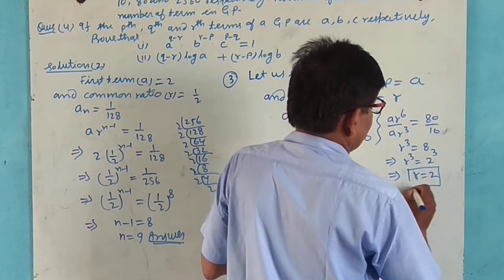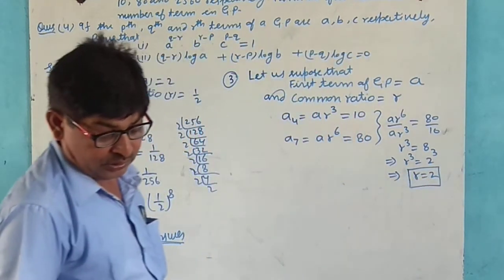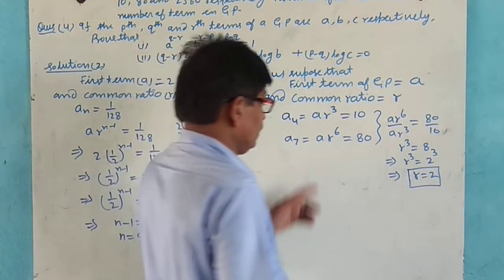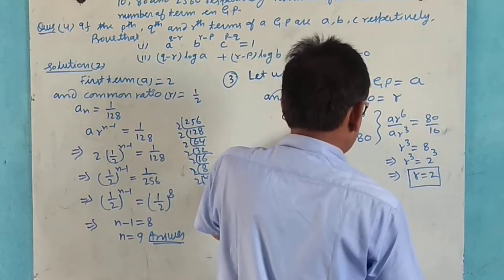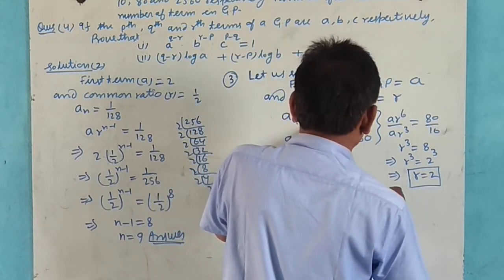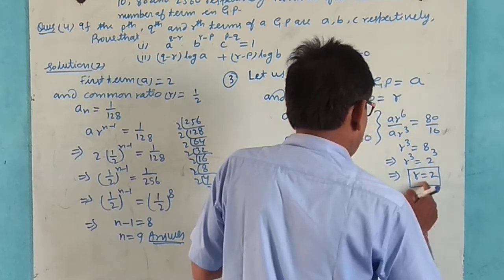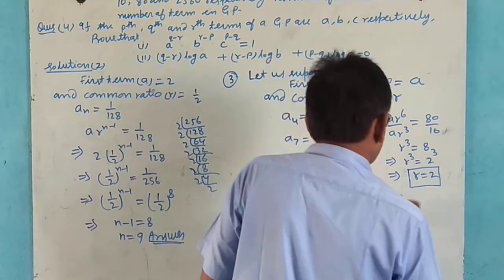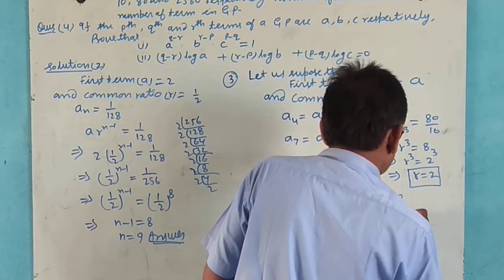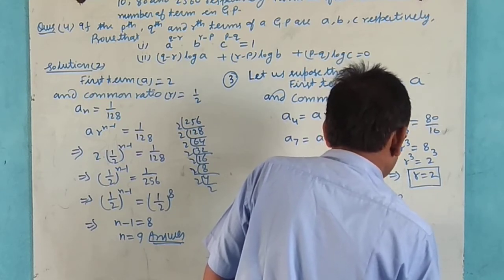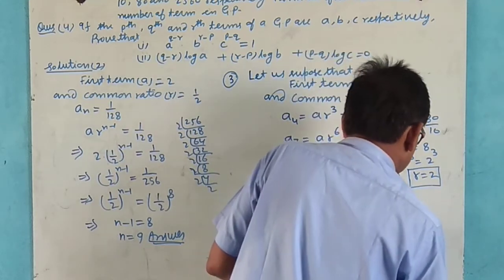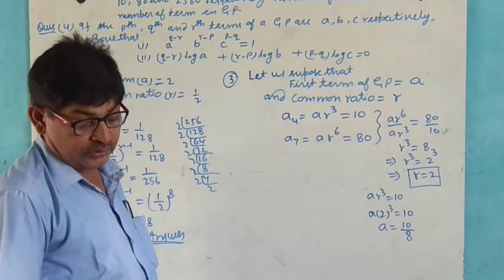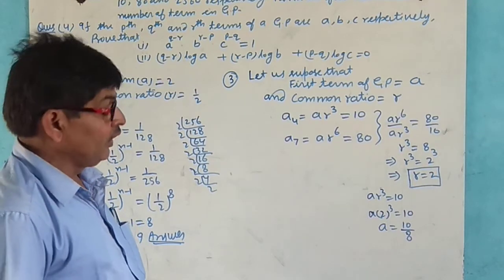Here the common ratio is equal to 2. So for the first term, a r cubed equals 10, with r equal to 2, 2 cubed equals 8, so a equals 10 by 8.